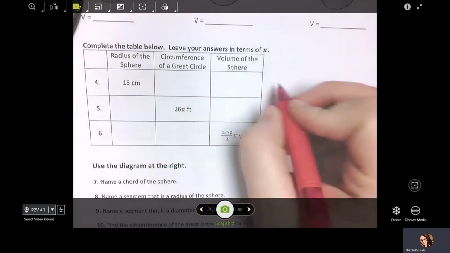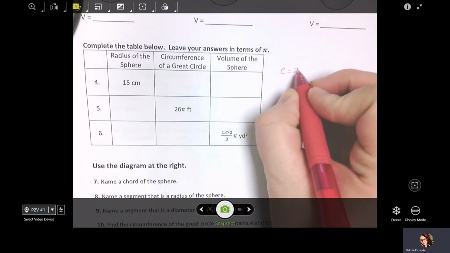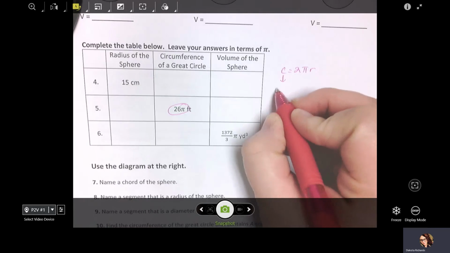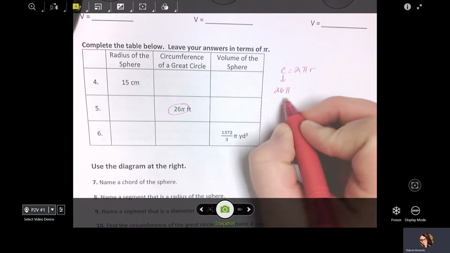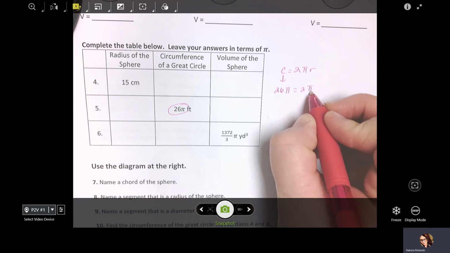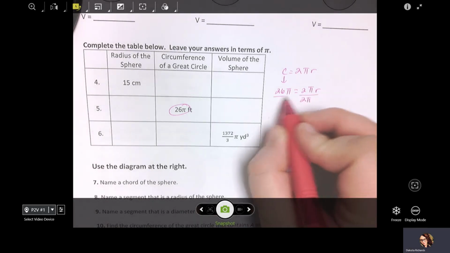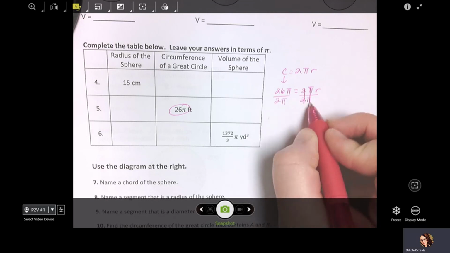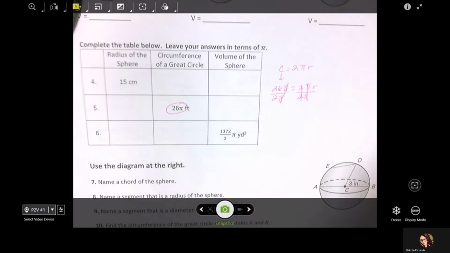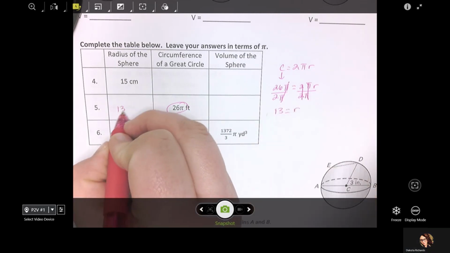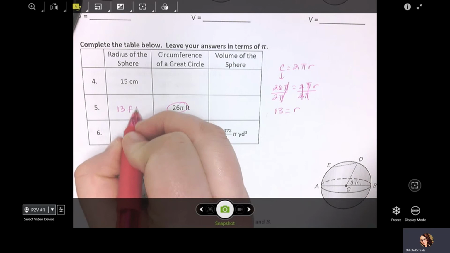If you're given the circumference, circumference equals 2 pi R. Circumference here is 26 pi, so 26 pi equals 2 pi R. Divide by 2 pi to get R by itself. Those cancel. That cancels. What is 26 divided by 2? 13. So your R here is just 13. And that's in feet.